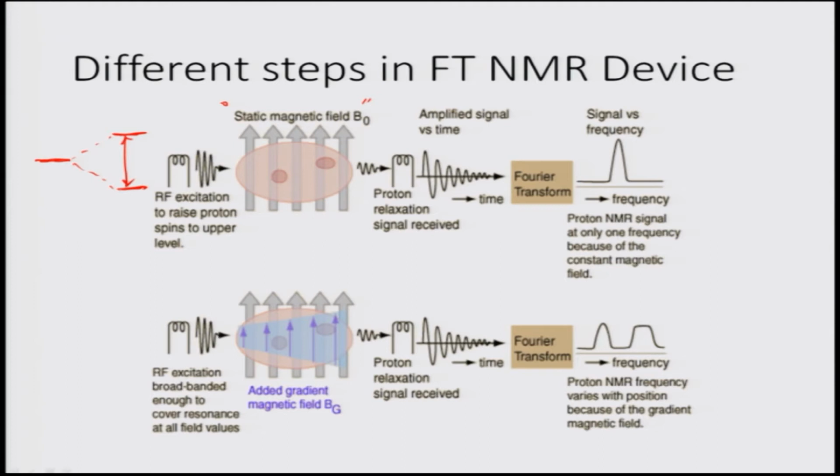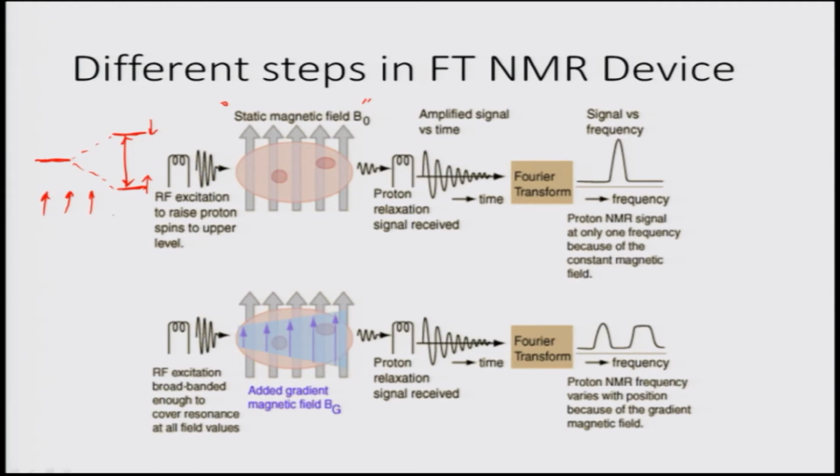So, once the static magnetic field B0, say, is applied, it will split the otherwise similar nuclear states into two different states depending on their being aligned with the field or aligned opposite to the field.